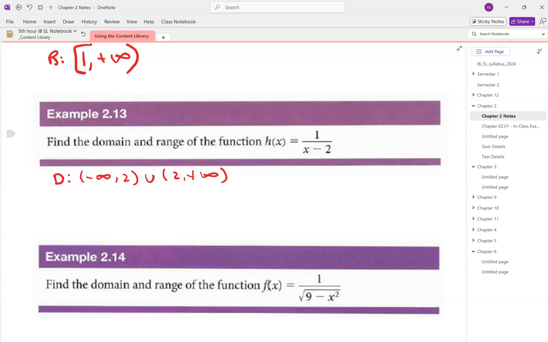Because what's the only problem here? 0 denominator, right? There's only one number that's causing that. Now, what's the range going to be? It's not negative 1/2.